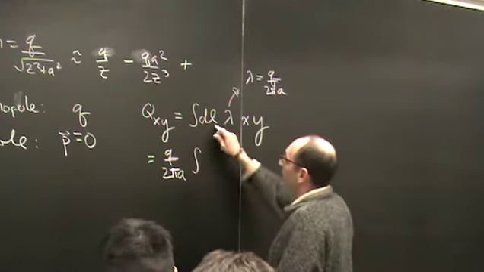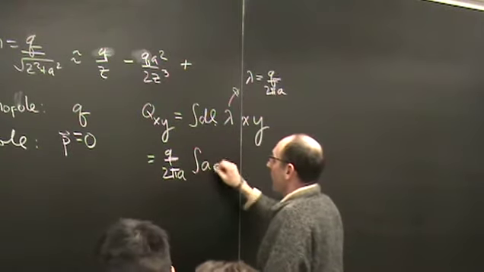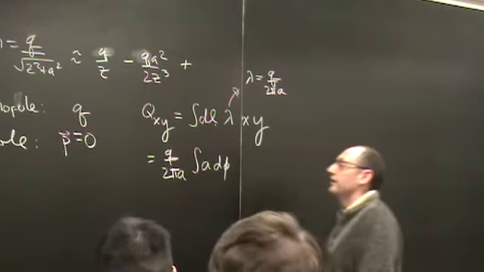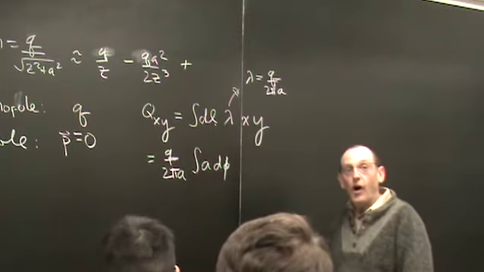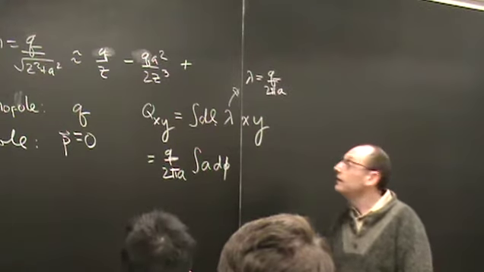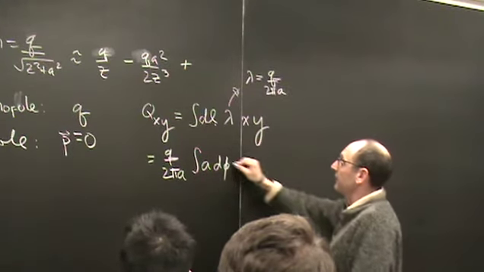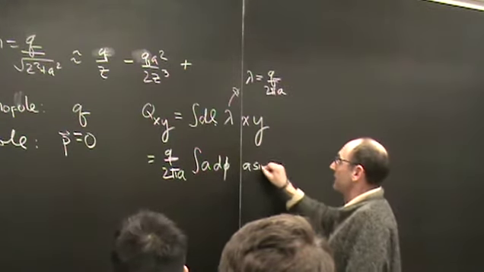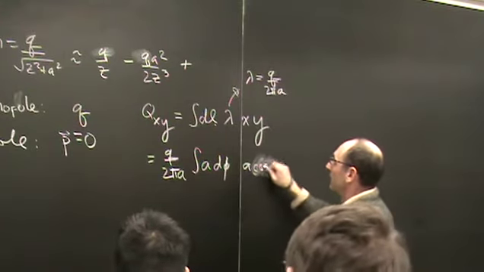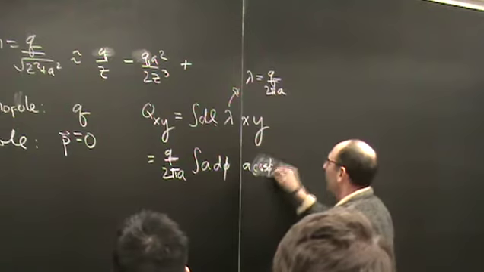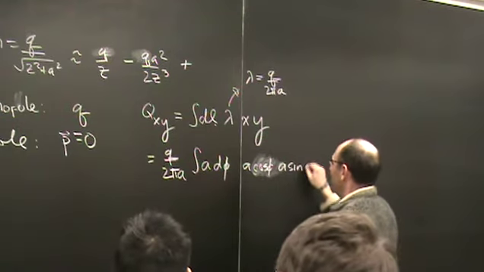And dl here is a d phi, a little line segment on the arc of the ring. X is a cosine phi, and y is a sine phi.